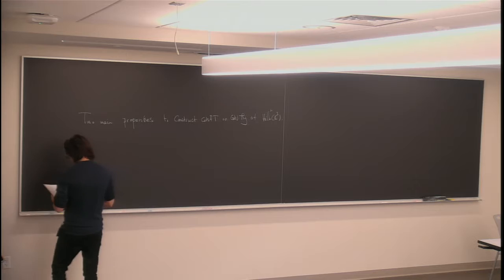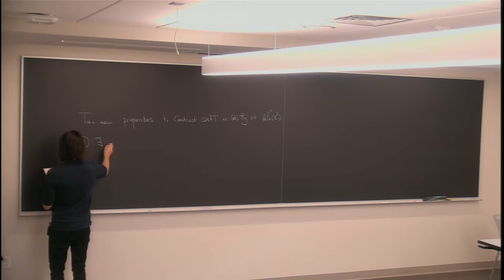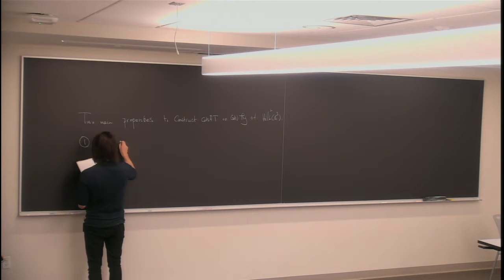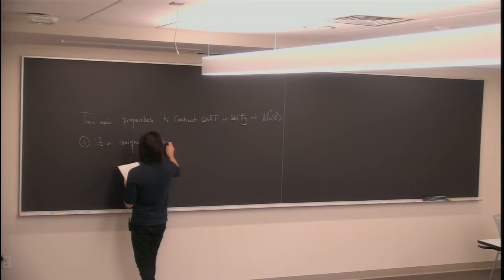And so there are two properties we are going to use. One, that there exists a unique R matrix, which we discussed last time.